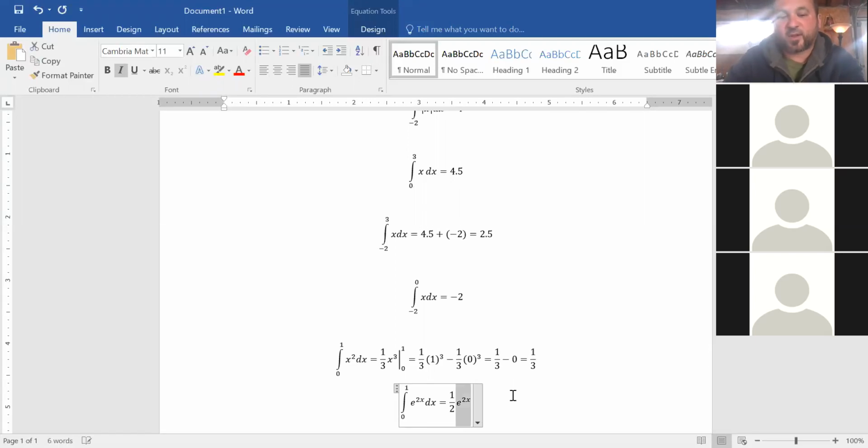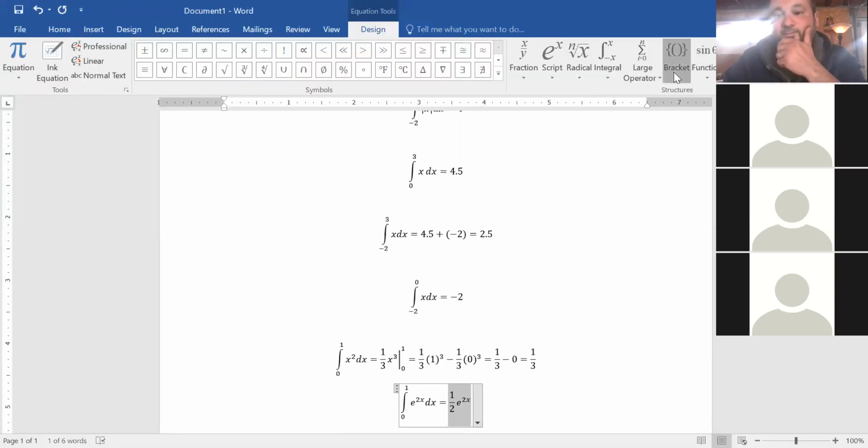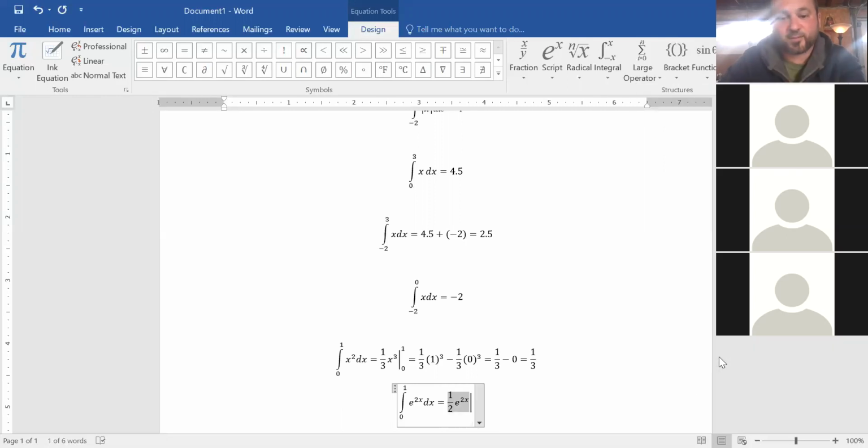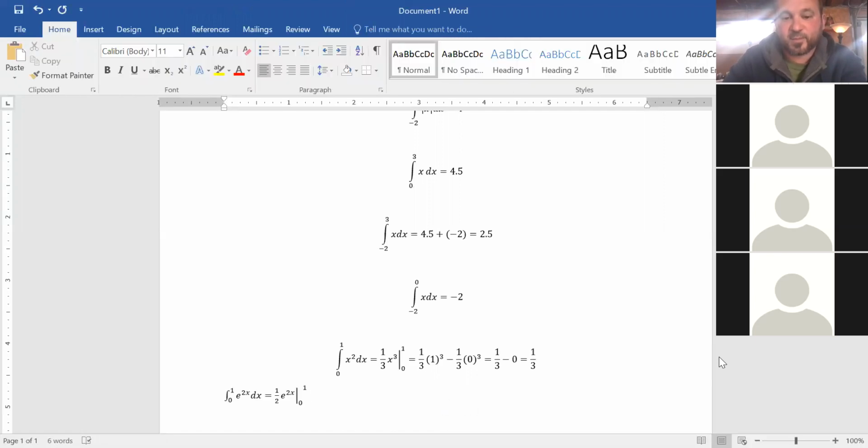So we're going to now update the notation. And we're going to run this from 0 to 1.